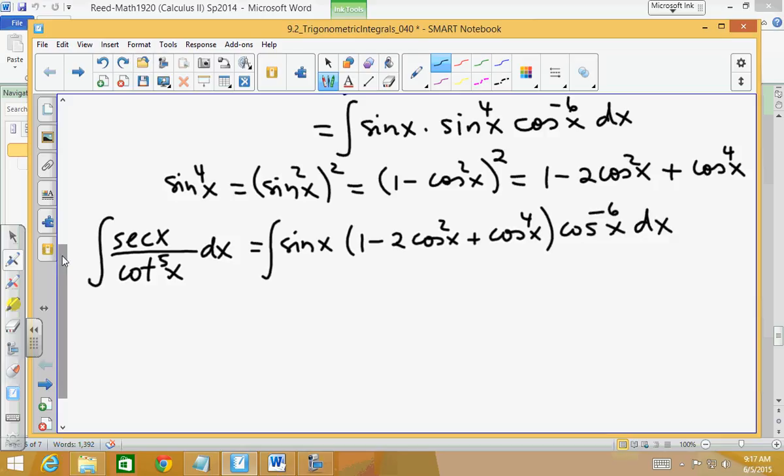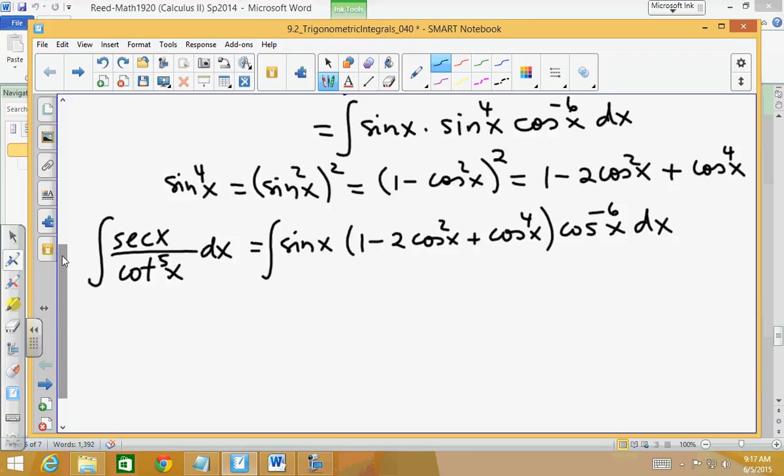Now, why are we doing this? We see that we have one sine x in there, and we know that the derivative of cosine is negative sine. Therefore, if we have only sine x times cosine to any power x dx, then we are done.